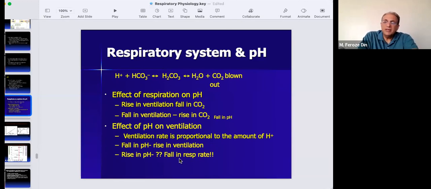So you must never think that if there is an alkalotic state in the body, the response can be to stop breathing so that you can correct the alkalosis by accumulating carbon dioxide. Because the reason for existence of the respiratory system is to provide oxygen. It will never let that prerogative be compromised.